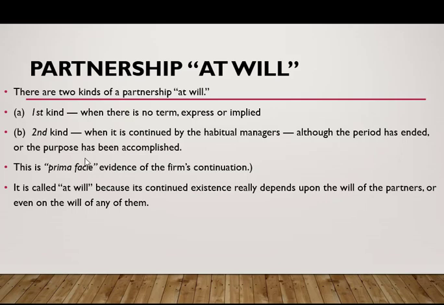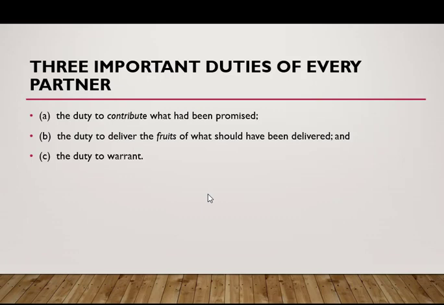In that case, the continuation is prima facie evidence that the partnership also continues. So it could be classified now as at will because its continued existence really depends upon the will of the partners, or even on the will of any of them.